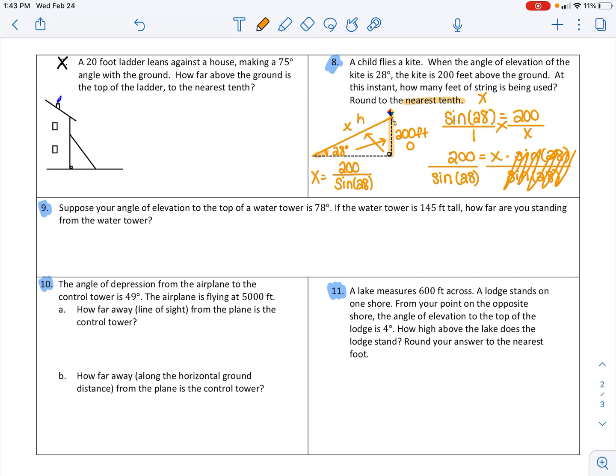So we get x is equal to 426.01. If we are rounding to the nearest tenth, we need to look at this decimal place and this decimal place. And since the 1 is less than 5, we can get rid of that 1 and the 0 will remain the same. So it's just going to be 426.0 feet.